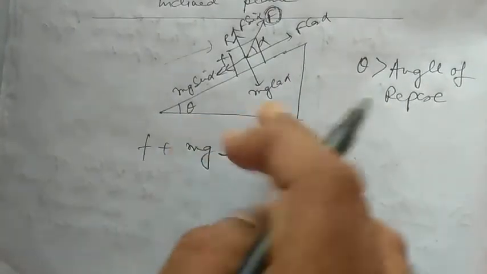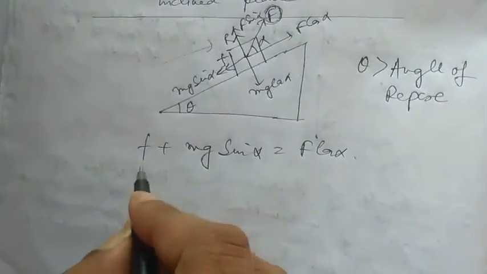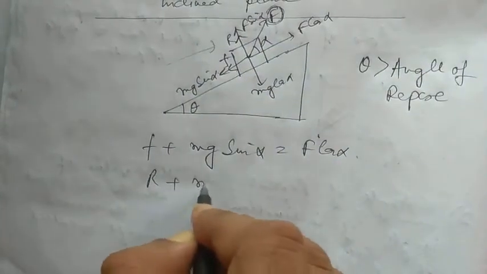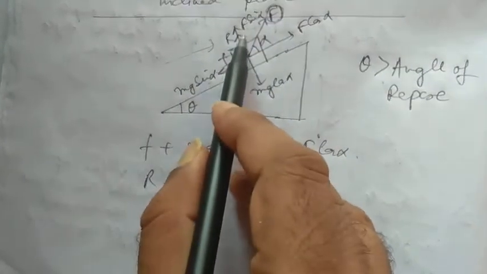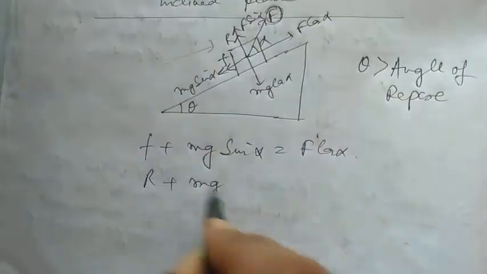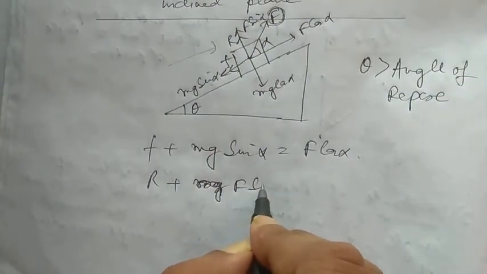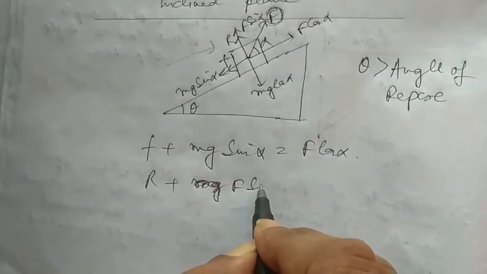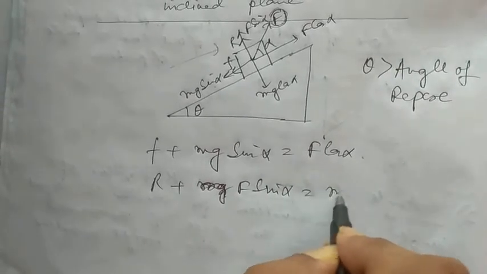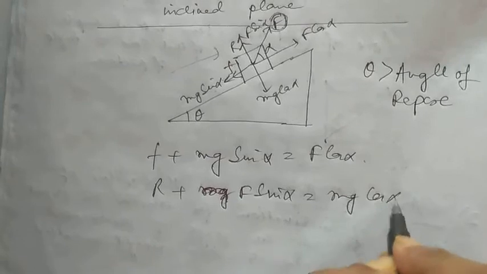Another equation along the y direction will be R plus F sin alpha is equal to mg cos alpha.